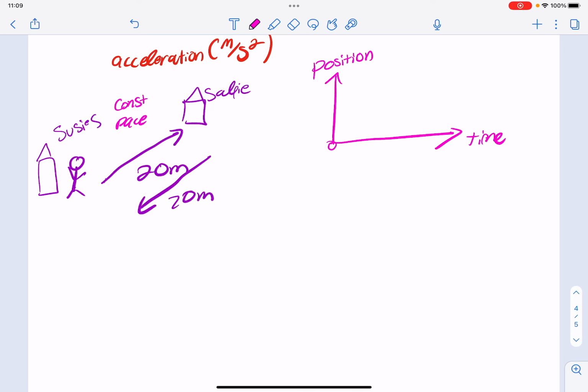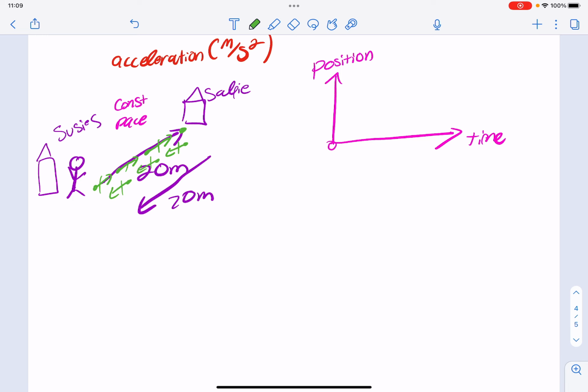So first, let's start with that motion map we mentioned, right? She moved at a constant pace, so we're just going to keep moving at the same rate. She forgot something, and she instantly turned around and started moving back at the same pace. Since it was at the same pace, all of these arrows would be the same exact length.